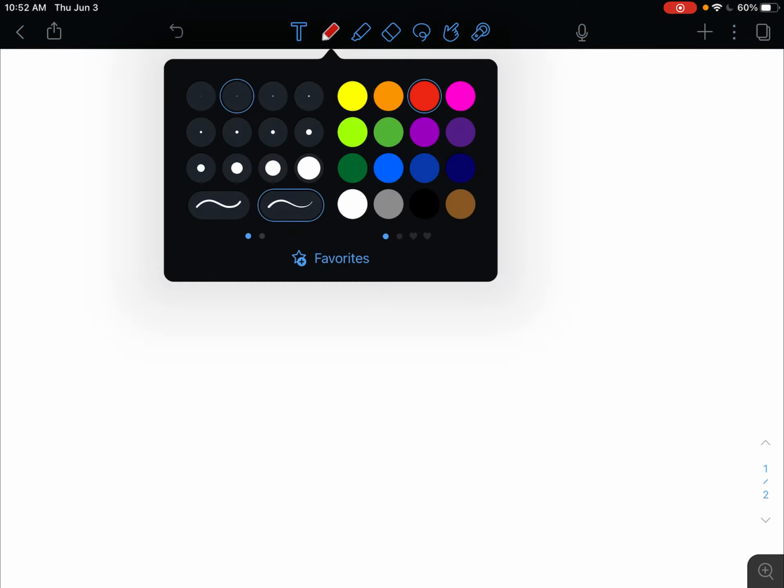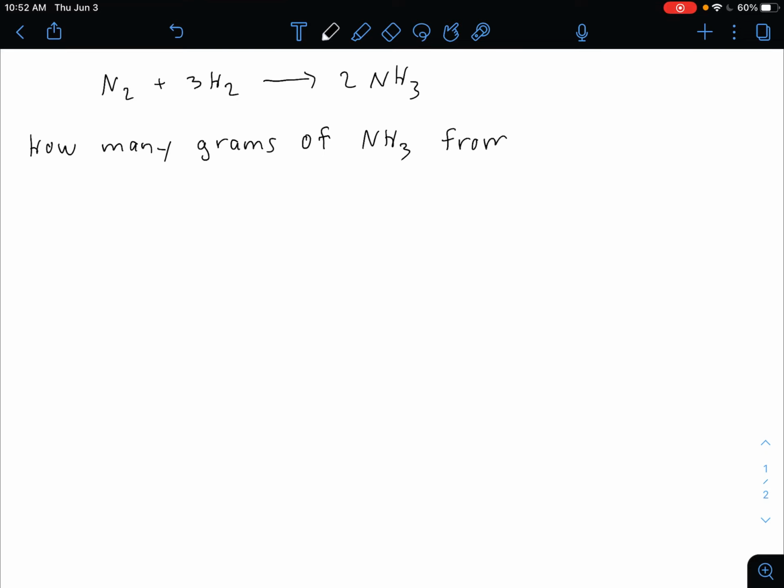Okay, this time let's say my equation is N2 plus 3H2 makes 2NH3. And let's say our question is how many grams of NH3 from, let's say, 15.0 grams H2.